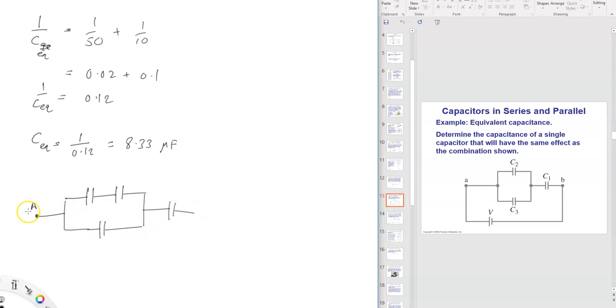Okay, this is point A, this is point B. Find the C total or equivalent between A and B. Let's put some numbers. Let's say 10, 20, 30, 40 microfarads, all of them are microfarads. Find the total capacitance. Alright, you guys give this a try. We'll discuss more in class. Okay, thanks everyone.